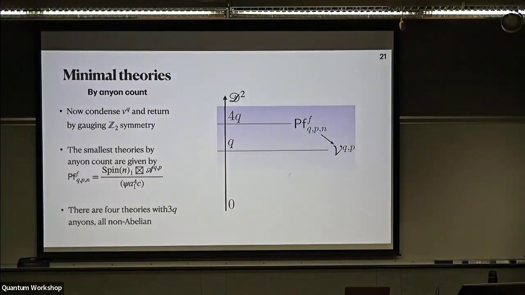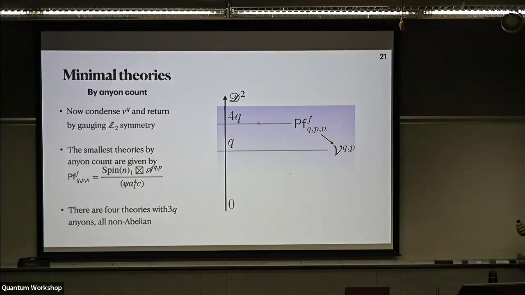Okay, now we're going to use the condensation that I talked about before. So we now have V to the Q, which I told you is this odd charge boson, and we'll violate spin C and condense it. And it will produce this theory, which is just the powers of the Wilson line. But this theory will have a remnant Z2 symmetry.